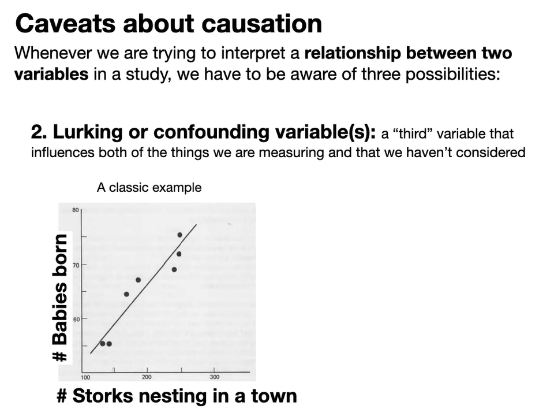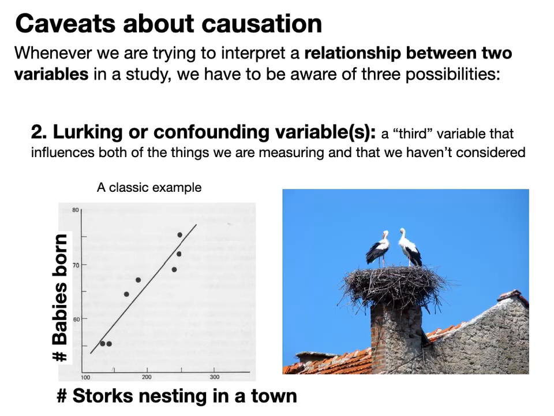Is that because storks are creating human babies? Well, there's a confounding variable here, and the confound is the number of houses with chimneys where these storks nest, right? So the towns that have more houses have more people, they have more babies born, and they also have more places where these storks prefer to nest. So the confounding variable there is houses.